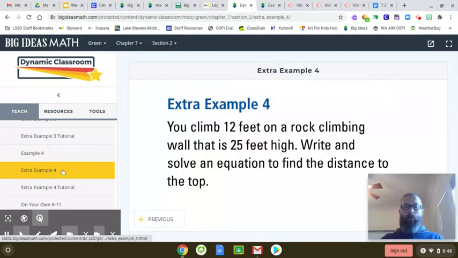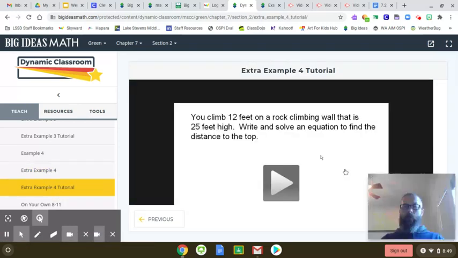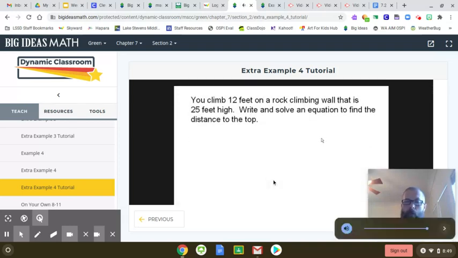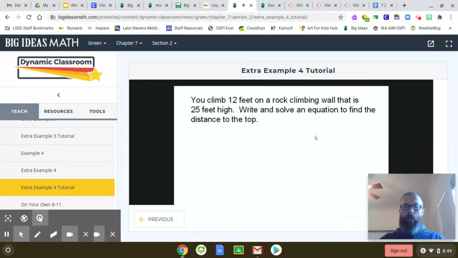Let's look at another one. You climb 12 feet on a rock climbing wall that is 25 feet high. Write and solve an equation to find the distance to the top. Okay? So we need to figure out what we need to know. First, let's write an equation.